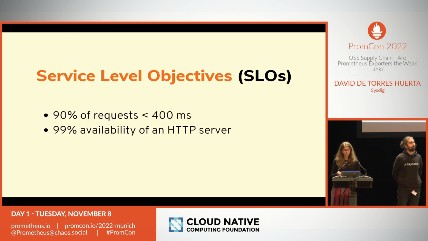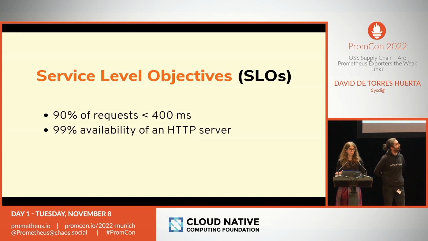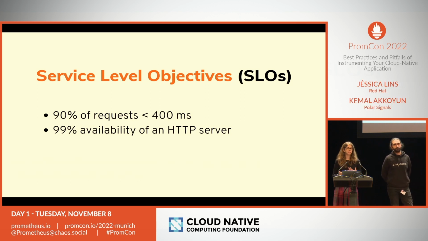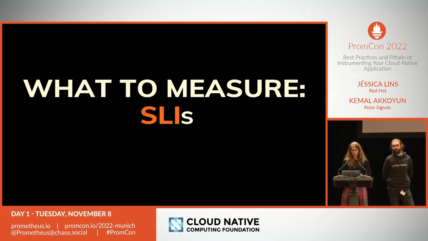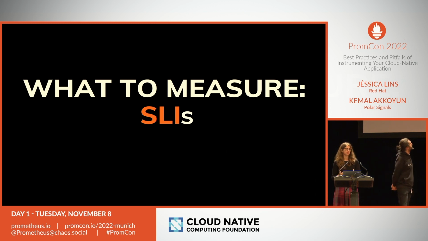So for example, you can define that you want 90% of your requests to take less than 400 milliseconds. Or let's say you have an HTTP server, you want 99% of it to be available. So those are some examples of SLOs you can set. And once you define them, you can think about how you measure those objectives.